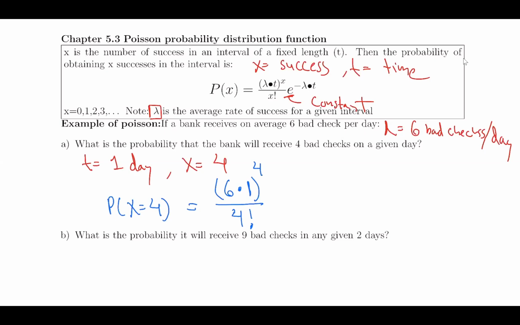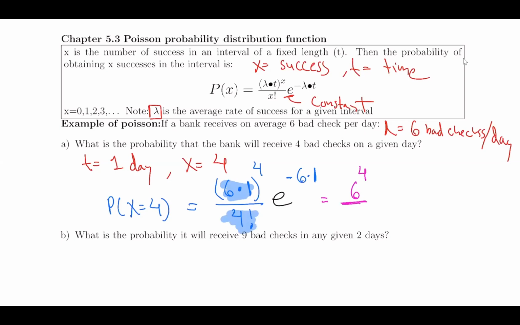Okay, then if you look at it, there is e, which is a constant, and you do e to the negative lambda times t, which is 6 times 1. I'm going to simplify this. 6 times 1 is just 6. So you put 6 to the 4th power divided by 4 factorial.